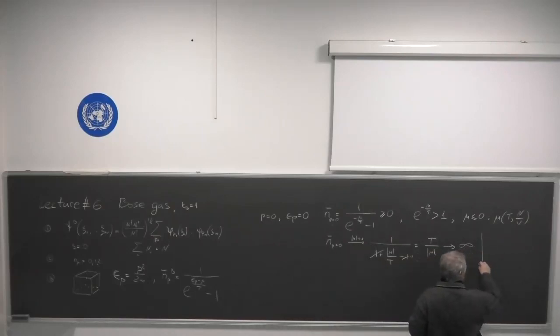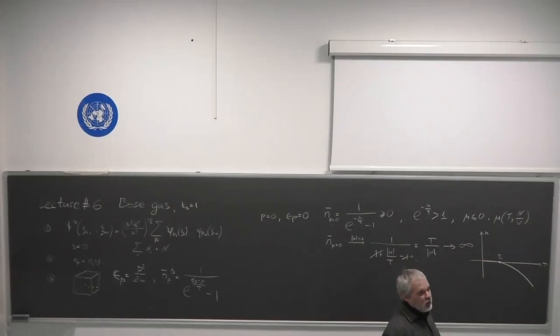If we write it schematically, this is the chemical potential, a function of temperature. At a certain temperature T node, the chemical potential becomes 0, and it remains 0 for all temperatures below T node.